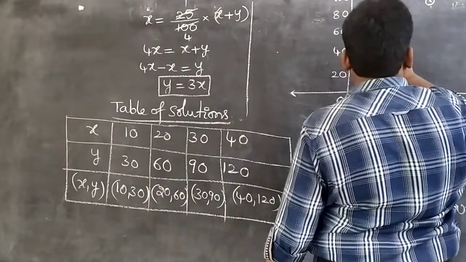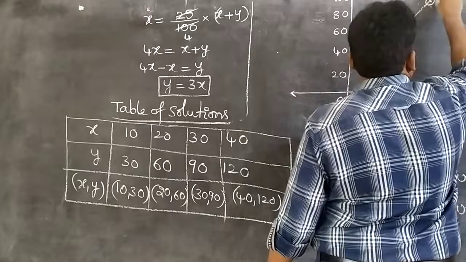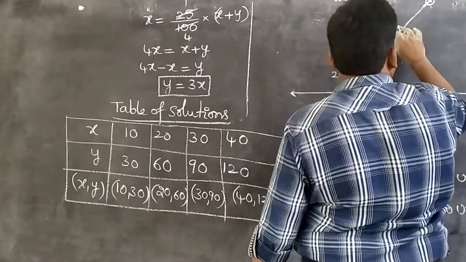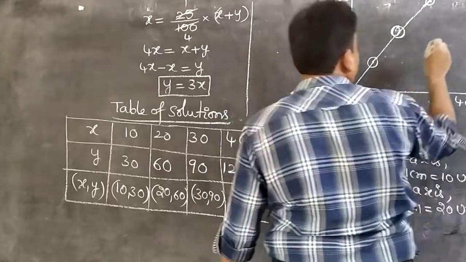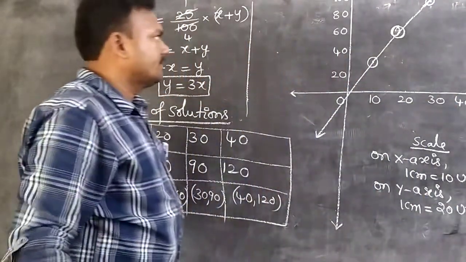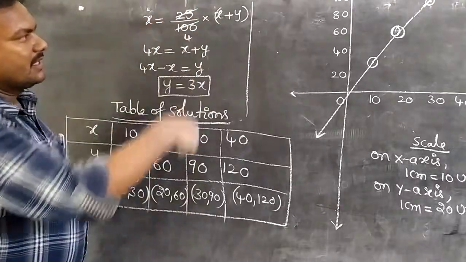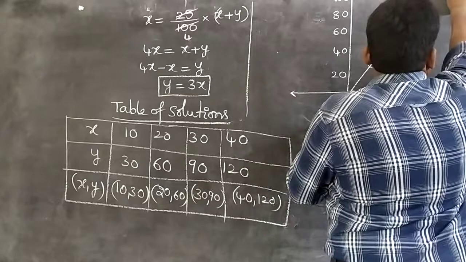And join the points. Okay, students, this is the graph. By using the scale it is a straight line, but here a curve appears. So observe carefully.